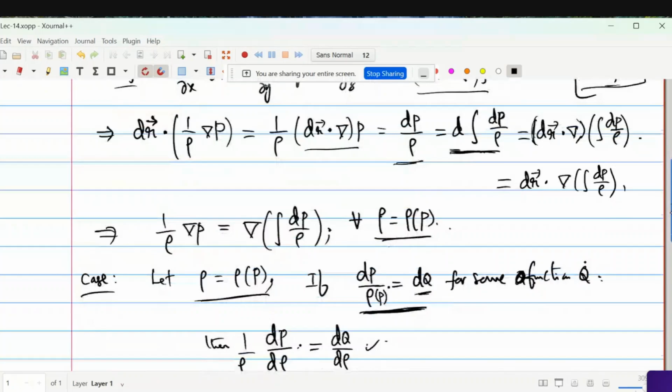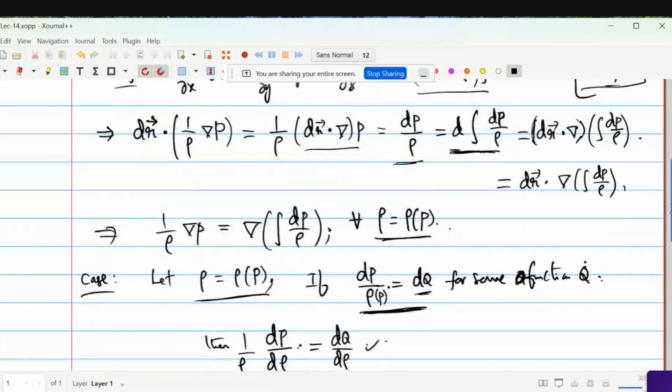Definition: a flow, meaning a fluid with a velocity field, where the density is a function of p only, is called a barotropic flow. Such a fluid is called a barotropic fluid.